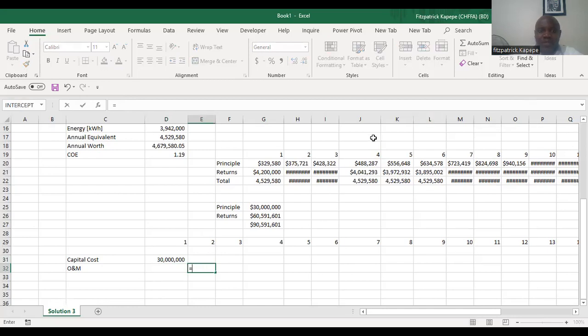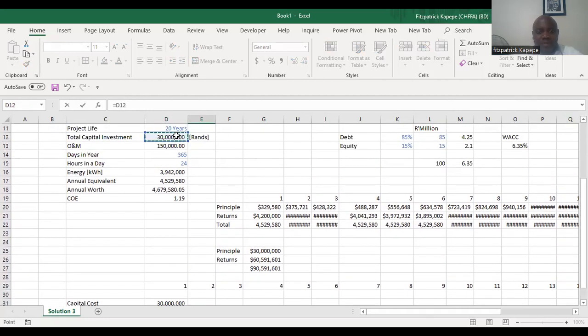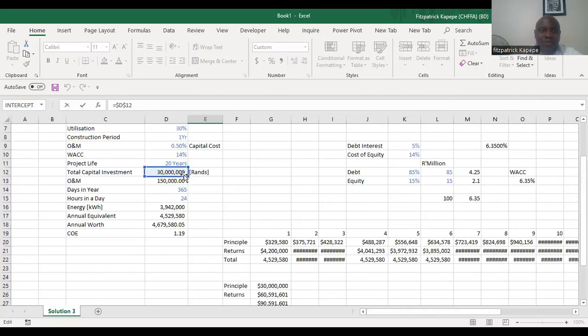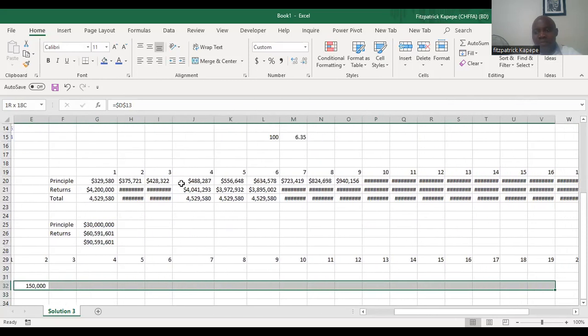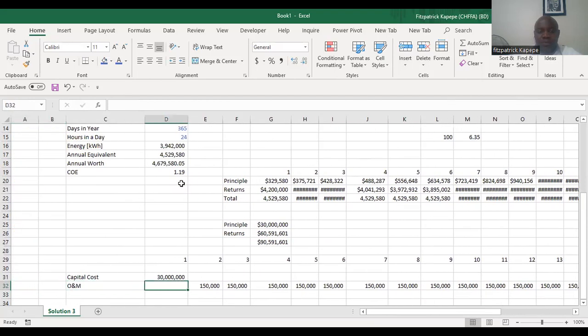So our O&M, we have that number. You just lock it. Oh, not that, sorry. This number here. Let's remove the grid lines.